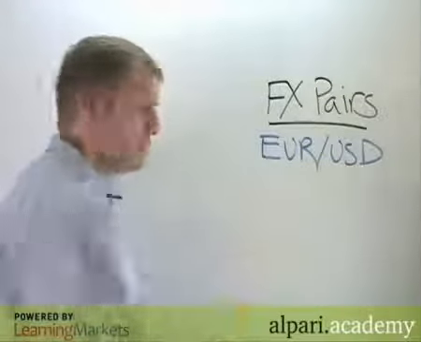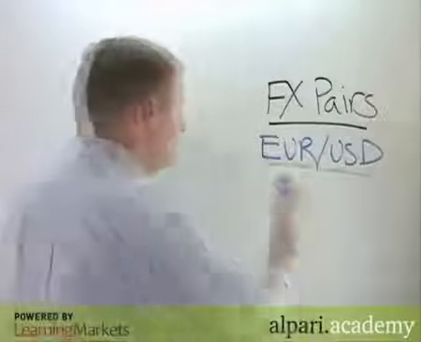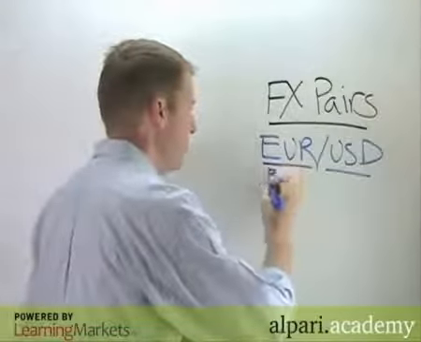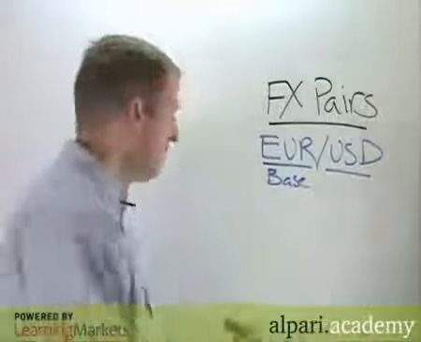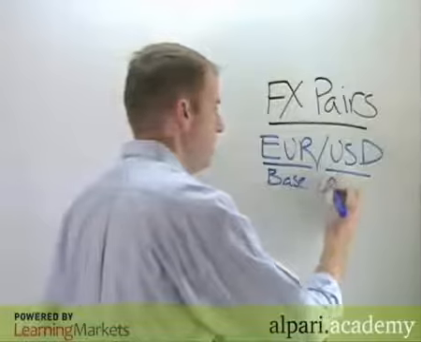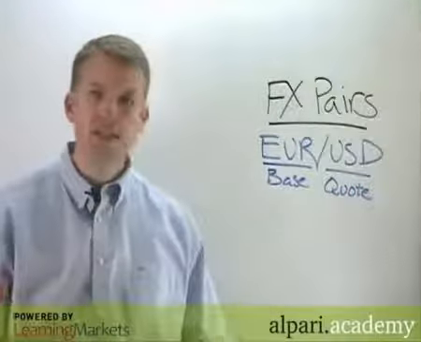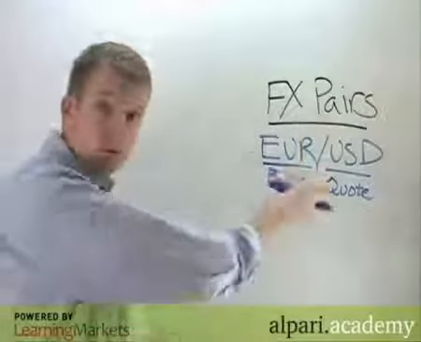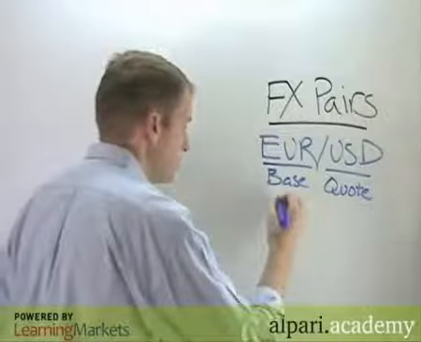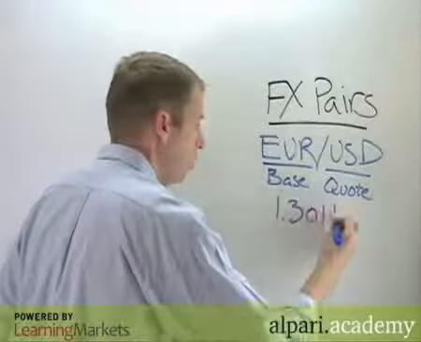Now the Euro USD, there are a couple of things that you need to understand about how a Forex pair works. The first currency here is called the base. The first one in the quoted pair is the base currency, and the second one is the quote. When you're looking at the exchange rate, for example on the Euro USD, right now the exchange rate is at about 1.3011.